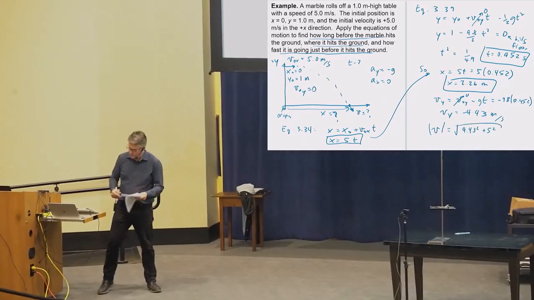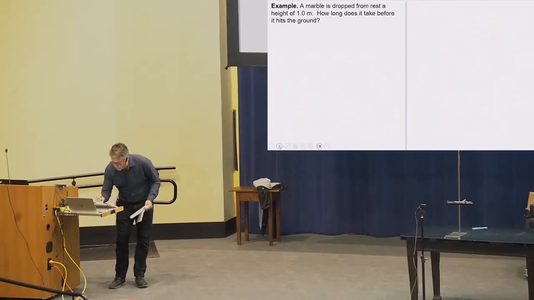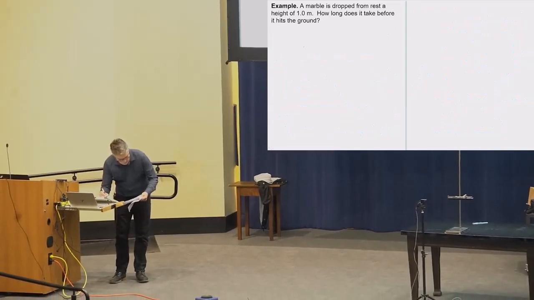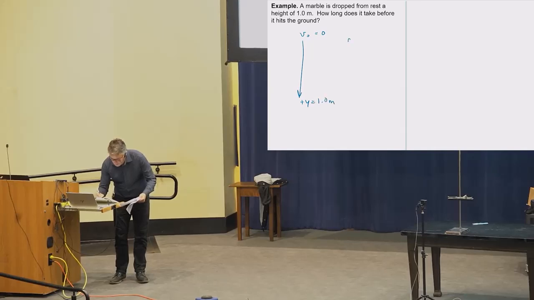And I guess the other thing we could have done is just drop the ball. The marble is dropped from rest from a height of 1 meter, v0 equals 0. It goes down, we could define plus y is equal to 1 meter. A is equal to 9.8 meters per second squared. Use equation 3.39. y is equal to v0t plus 1/2 a t squared.